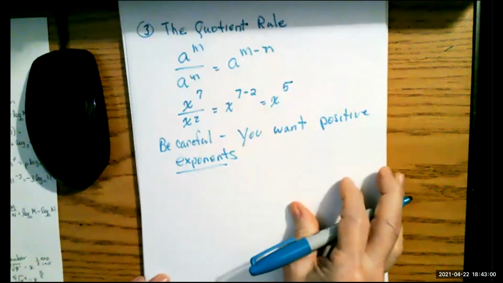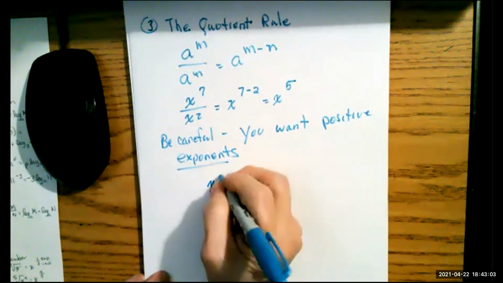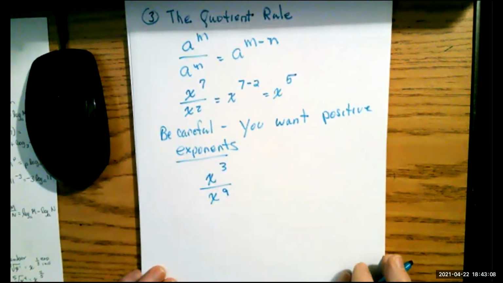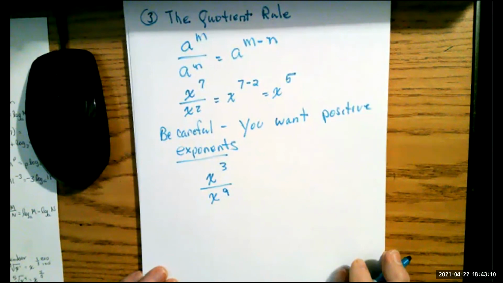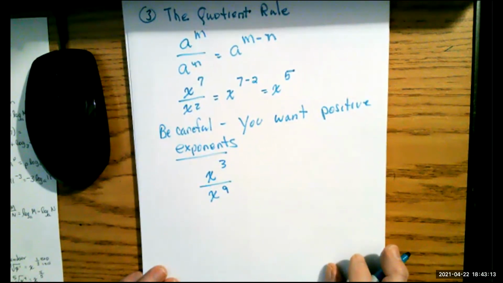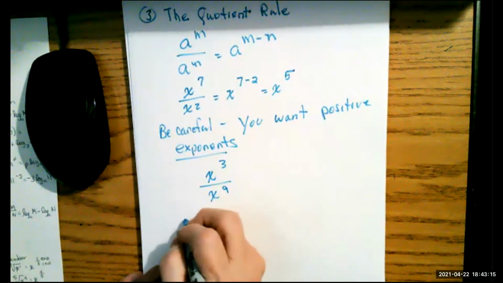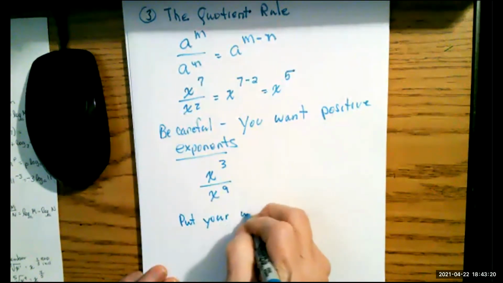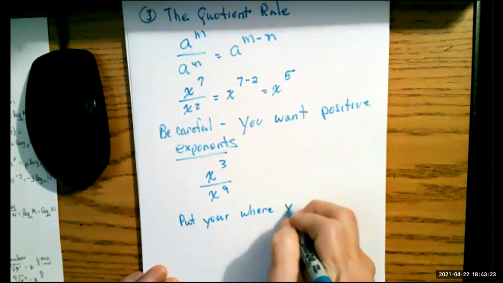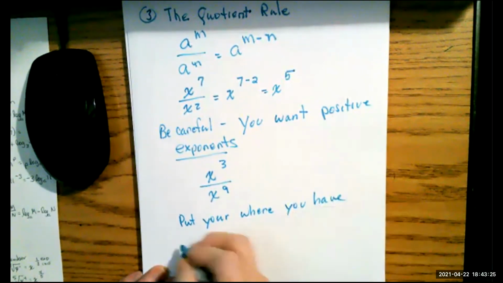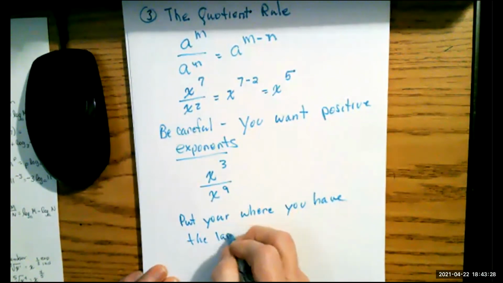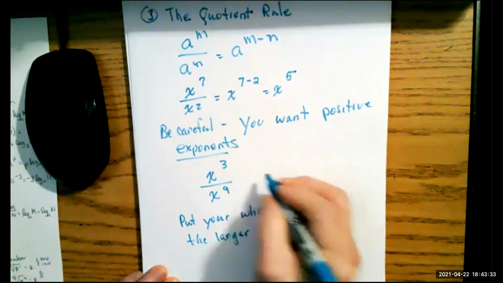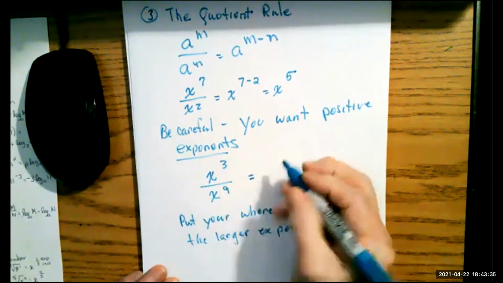So tonight, when you do this, if you have x to the 3rd over x to the 9th, you're still subtracting your exponents, but you want to put your answer where the larger exponent is. You're subtracting the 9 and the 3.